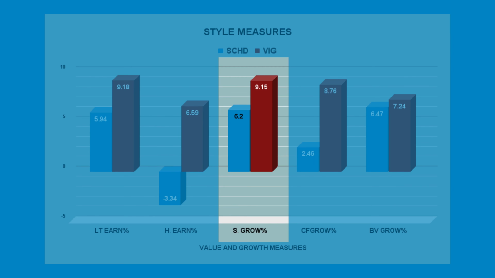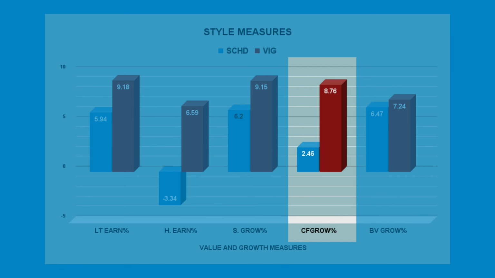For sales growth, VIG comes in with 9.15%, while SCHD shows 6.2%, reflecting steady, stable growth. As for cash flow growth, VIG leads again at 8.76% compared to SCHD's 2.46%, which again highlights SCHD's focus on stable, well-established companies.